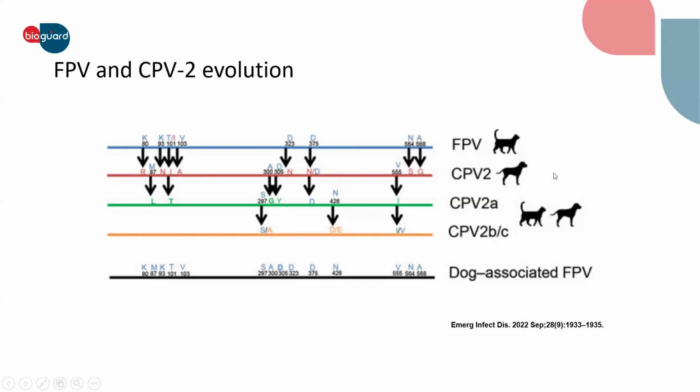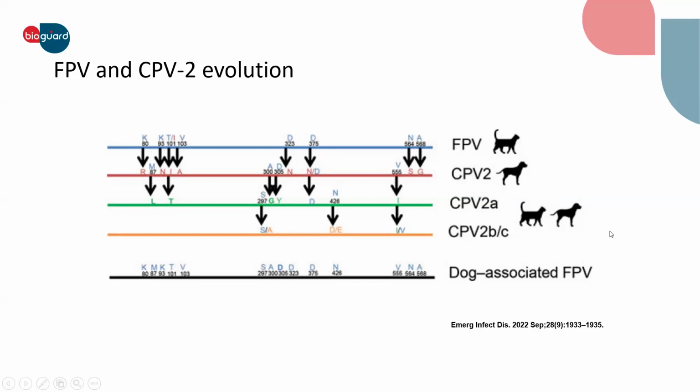But it happened very soon. The CPV2 evolved again and became the CPV2A, and the CPV2A can infect both dogs and cats. Then after a few years, the CPV2A evolved into the CPV2B and then CPV2C.